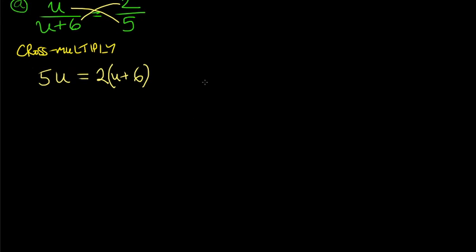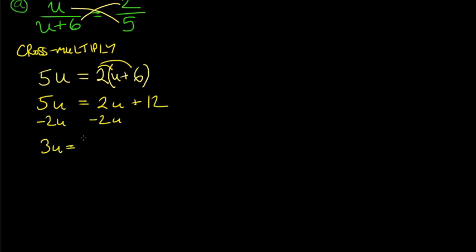I think you can take it from here. Right? Just distribute the 2. And let's subtract the 2u from both sides. If 3u is equal to 12, when you divide by 3, right, 12 divided by 3 is 4, so u has to be 4.